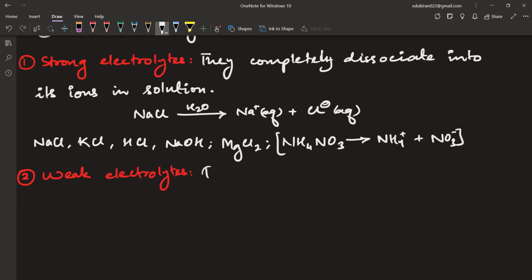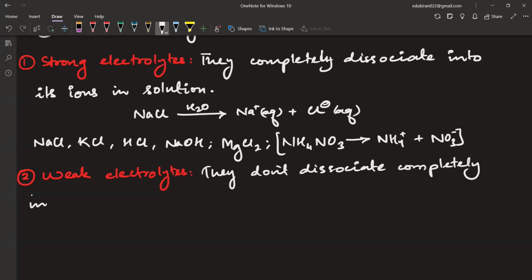Just the opposite, they don't dissociate completely into their ions in solution.